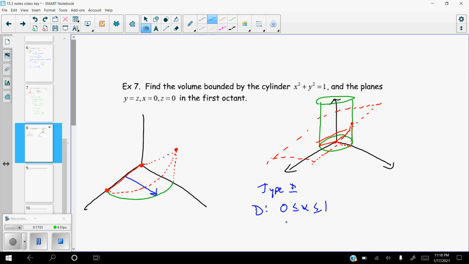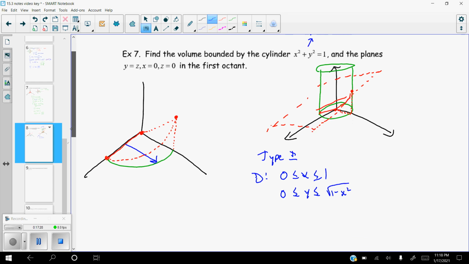And then the y part is going to go from 0 to the top part of that circle. So I have to solve this equation right here for y. So y is going to be plus or minus square root of 1 minus x squared. Solving that, I only have to worry about the plus part because it's the top half of that circle. So it's really going to go to the square root of 1 minus x squared. So there are my bounds.